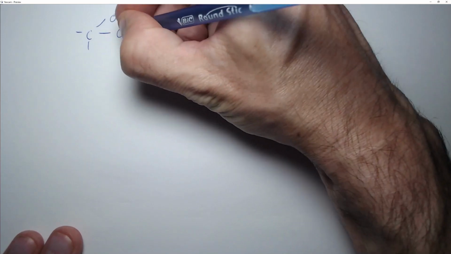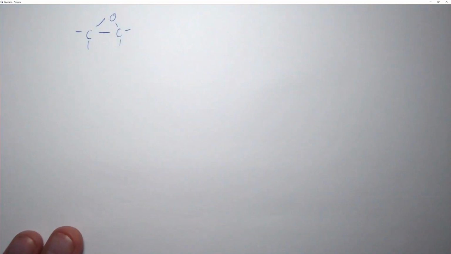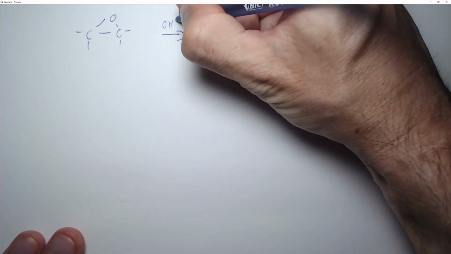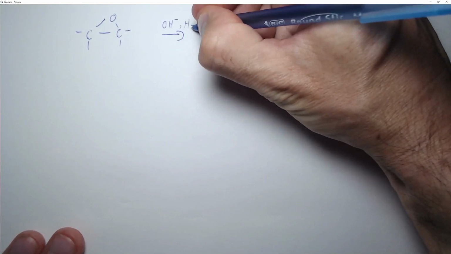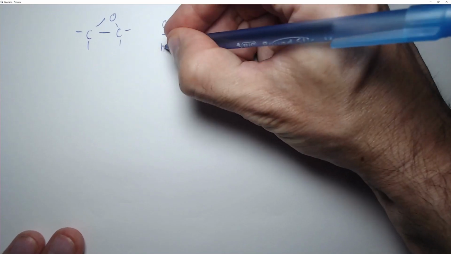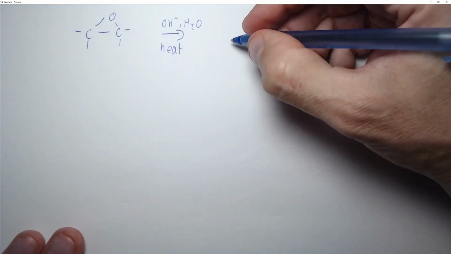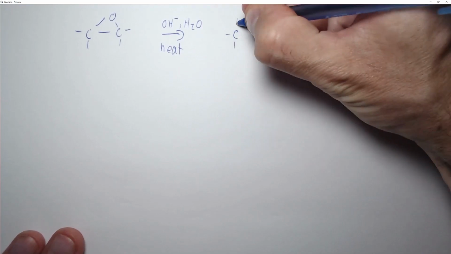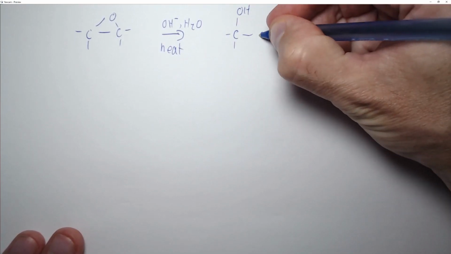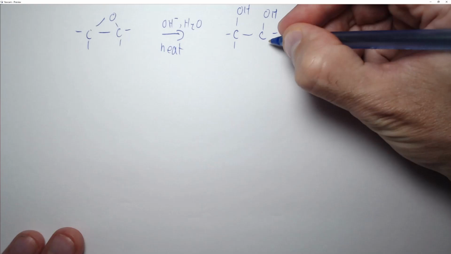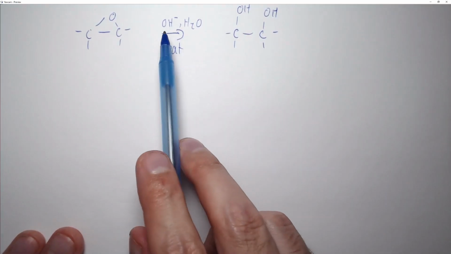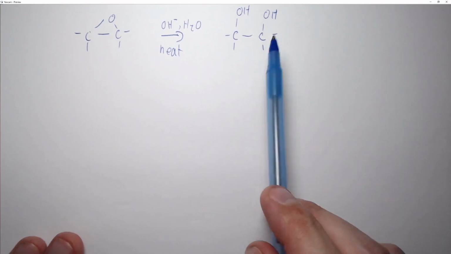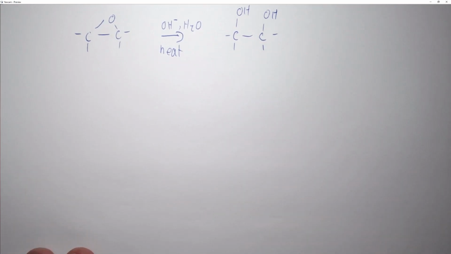If we add OH minus and water, and we heat this up, we can do the exact same thing as if we add an acid. So we can get OH, like this. Remember, when we added acid and water, we got the diol. If we add base and water, we also get the diol.